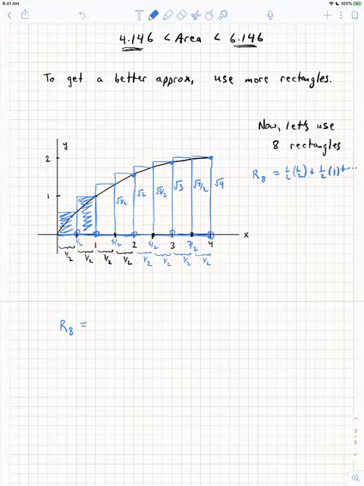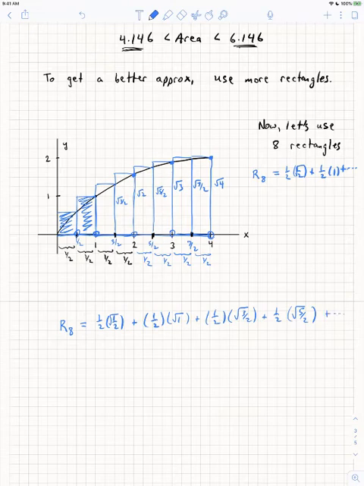You're going to have 8 terms, and so it's going to be 1/2 times 1/2 plus 1/2 times the square root of 1/2, sorry, square root of 1/2. And then it's going to be the square root of 1 plus 1/2 times the square root of 3/2 plus 1/2 times the square root of 5/2.